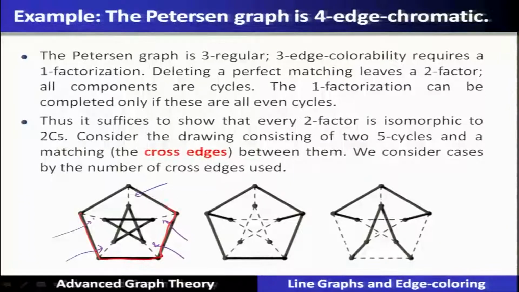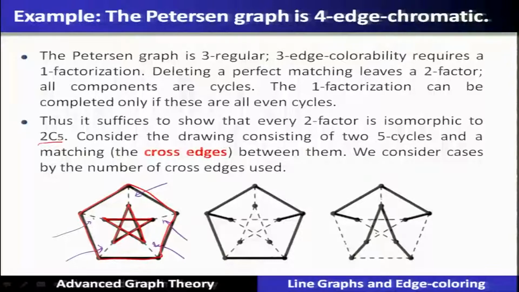This is one cycle C5 and this is another cycle. So 2 C5 cycles we will obtain. The 1 factorization can be completed only if these are all even cycles. Thus it suffices to show that every 2 factor is isomorphic to 2 C5.